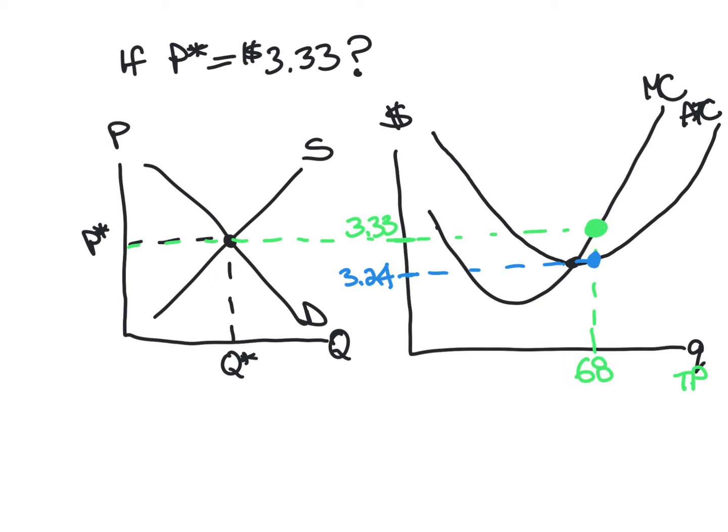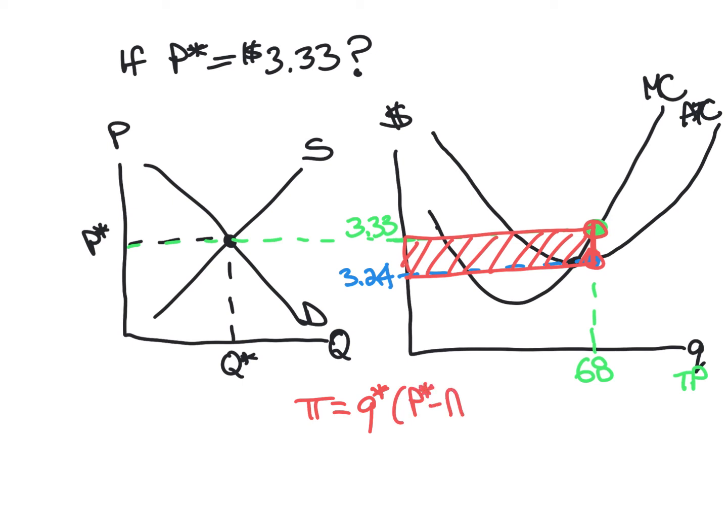So here we can therefore see that profits are going to be positive because the price that the producer sells for is higher than the average total cost of making the product. So the difference here times the number of units being produced gives us the overall profit. Right? So profit is equal to the quantity being produced times the difference between the price that they get to sell their product for and the average total cost of producing it.